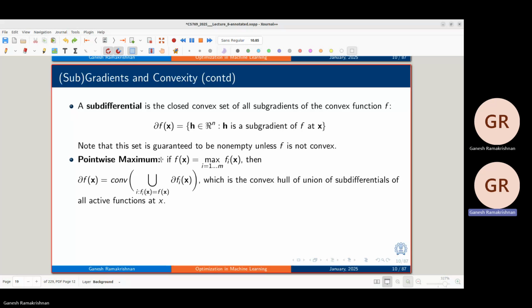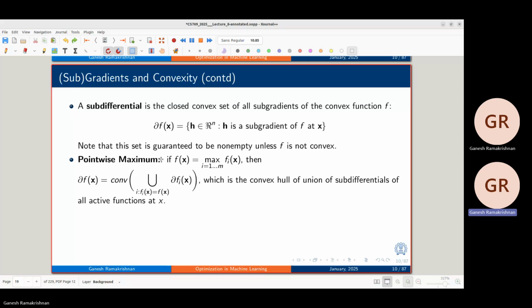Okay, so what happens if you have a supremum? In that case, there will be no active... So you don't expect a non-empty set, or you don't expect a set beyond a singleton set, right, of active functions.